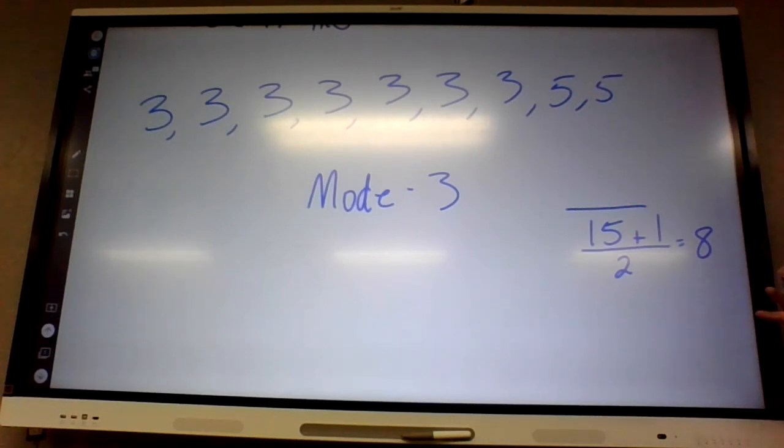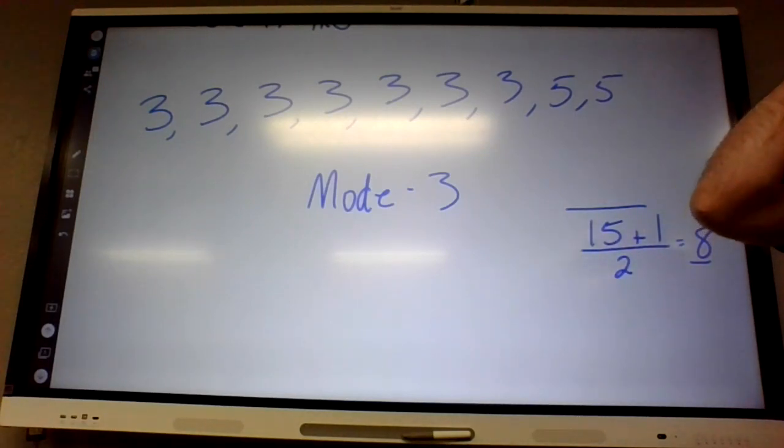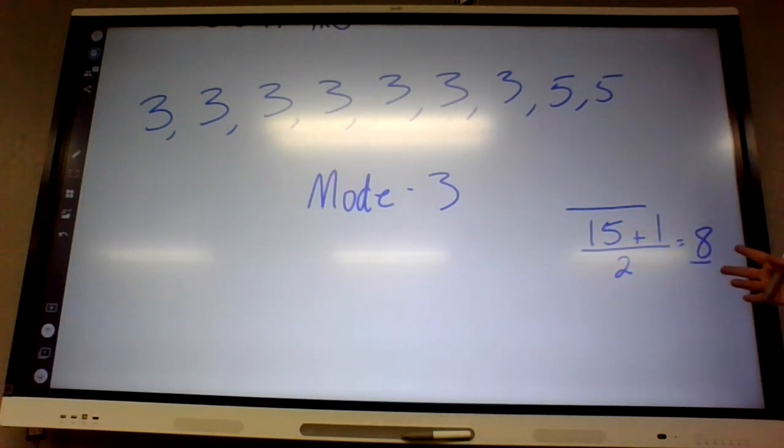Because you want the game that's halfway between 1 and 15, not 0 and 15. If you just did 15 divided by 2, you'd be finding the average between 0 and 15, and there is no 0 game. So you just have to do it, okay? Anyway, the 8th game is the middle game.